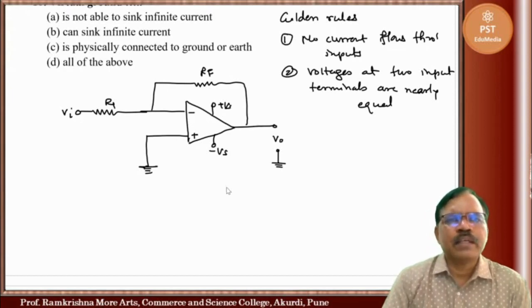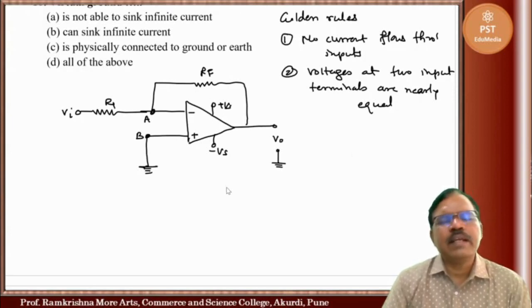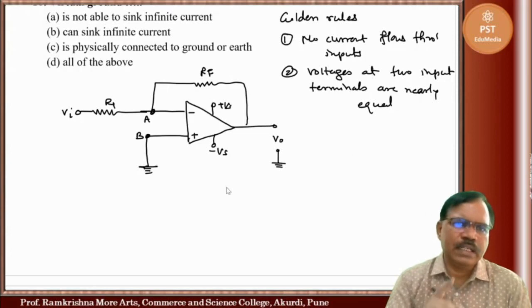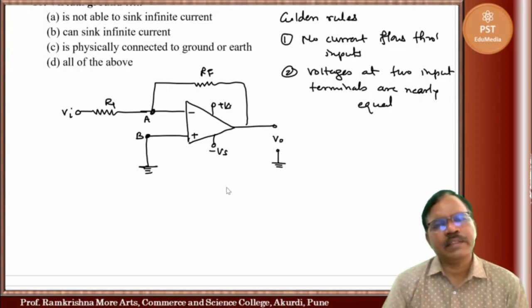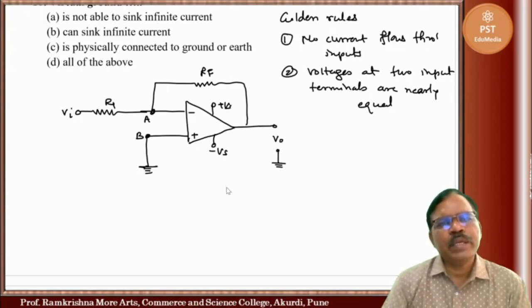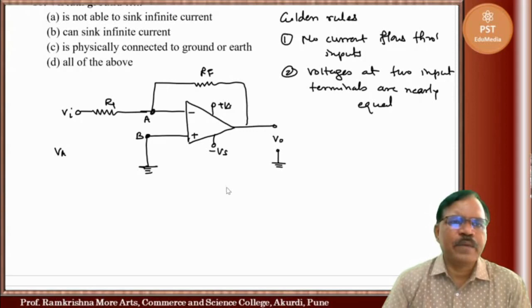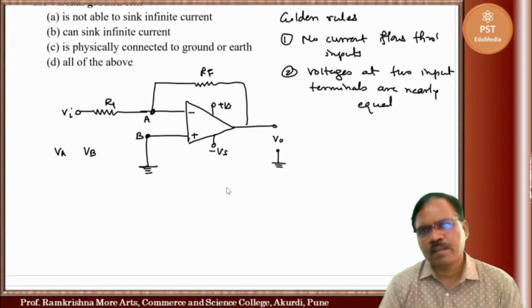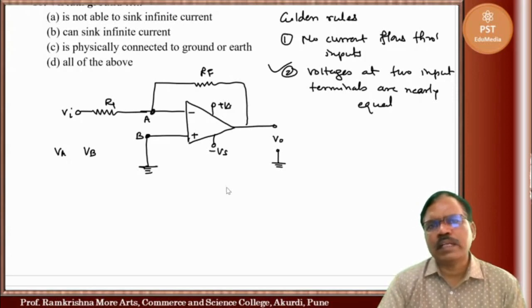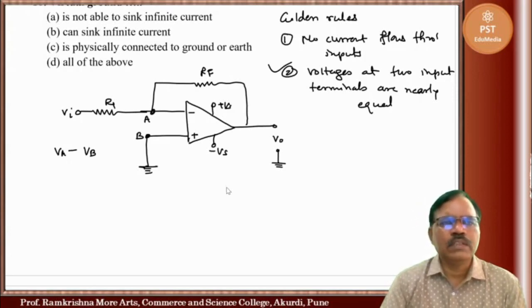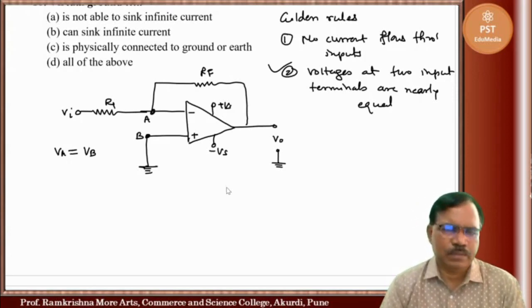So see here, if I take this point as A and this point as B. Now B is connected to the non-inverting terminal, A is connected to the inverting terminal. So VA is the voltage at point A, and VB is the voltage at point B. Now according to the second golden rule, these two voltages must be equal.